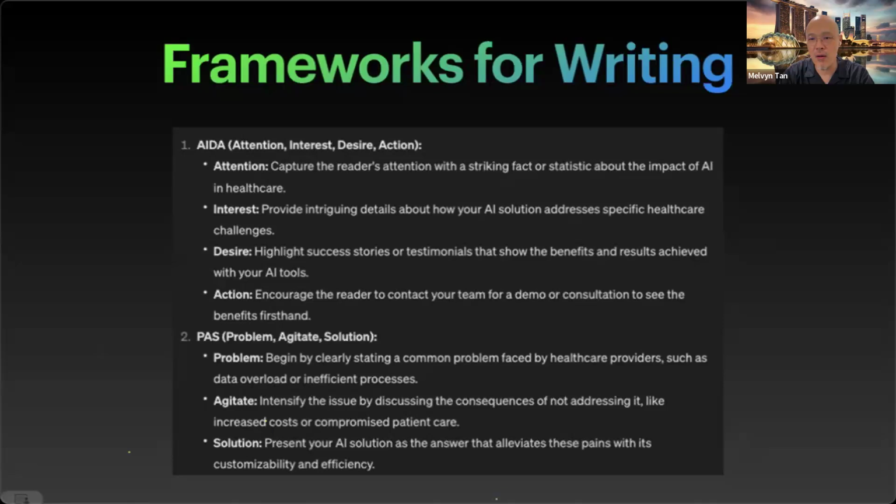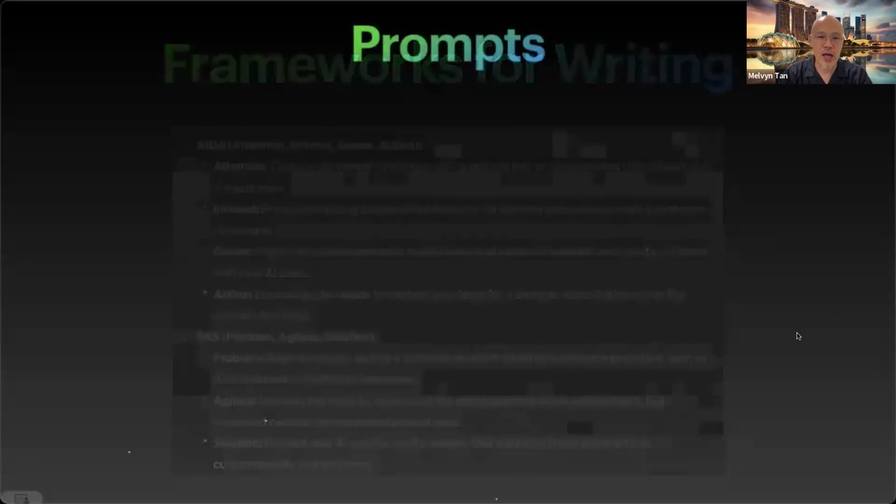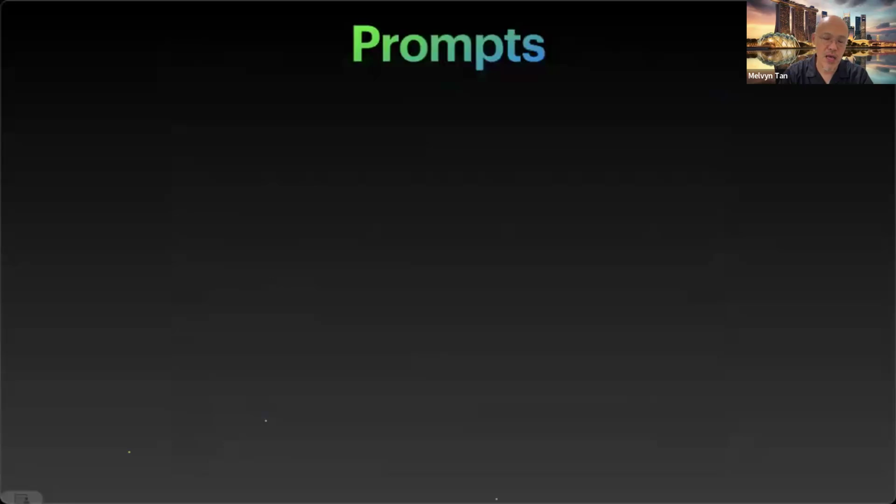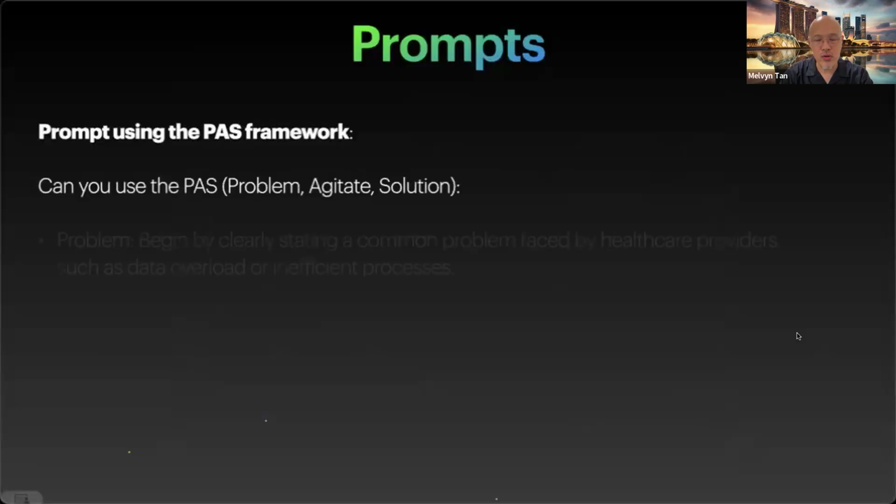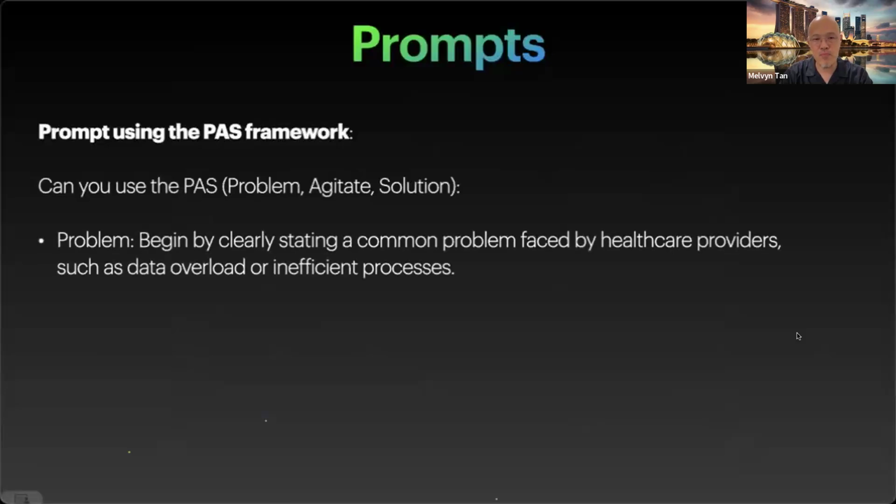Amazing. Many of you here, it's your first time looking at how you can use frameworks. So friends, you can use different sorts of frameworks with ChatGPT, and you will be amazed by the type of output that it will come up with. Can you use the PAS? Problem: begin by clearly stating a common problem.